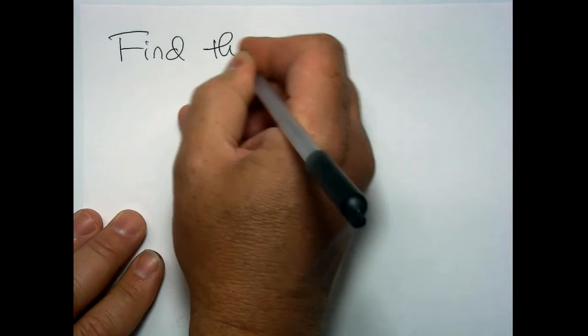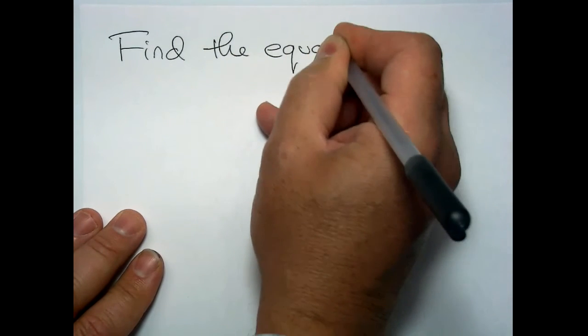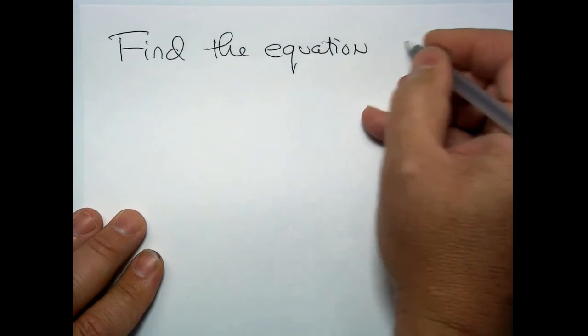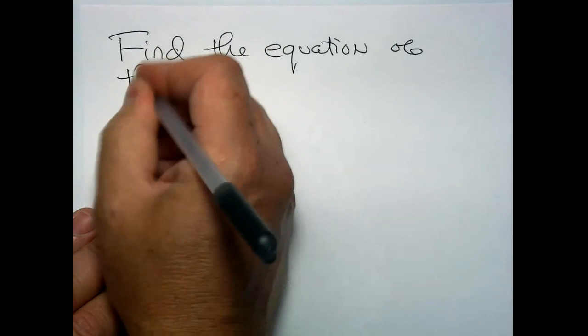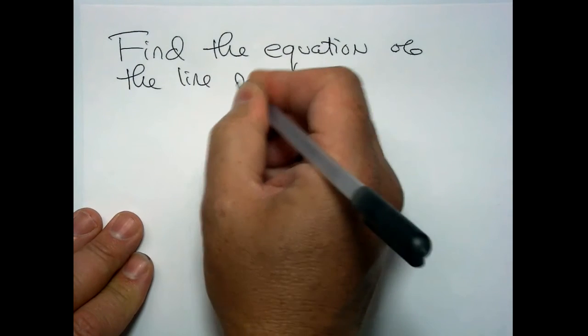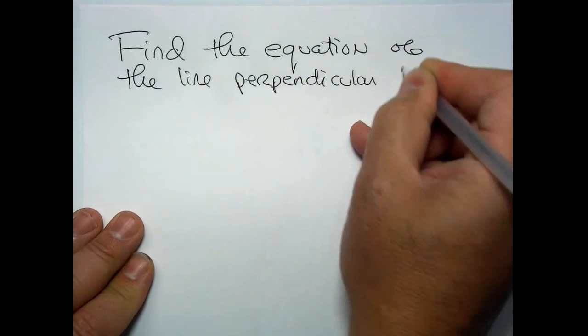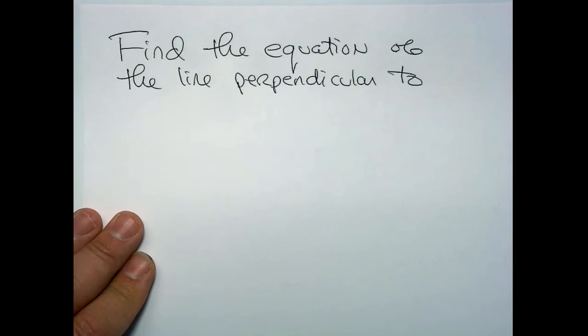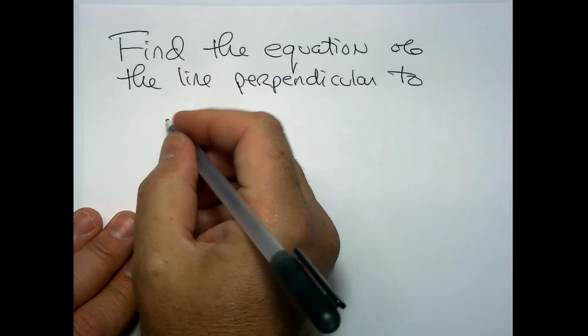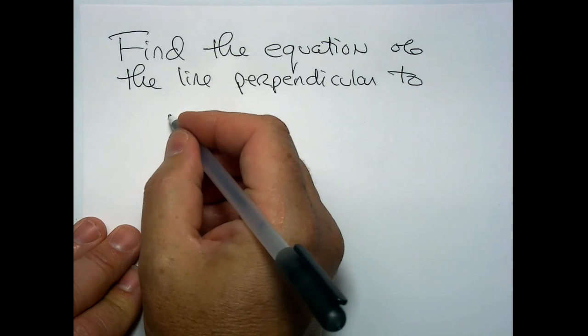Okay. So this is the last thing we'll do, and that is find the equation of the line perpendicular to this line. And this line I'll put in general form just to make things interesting here.